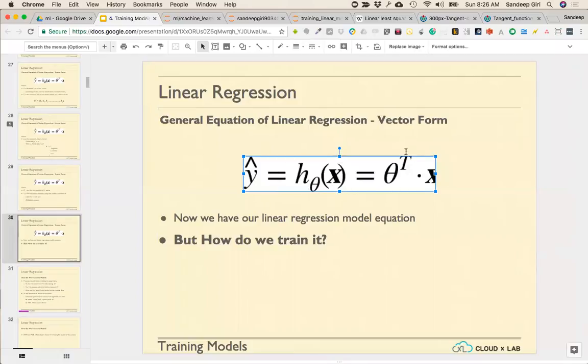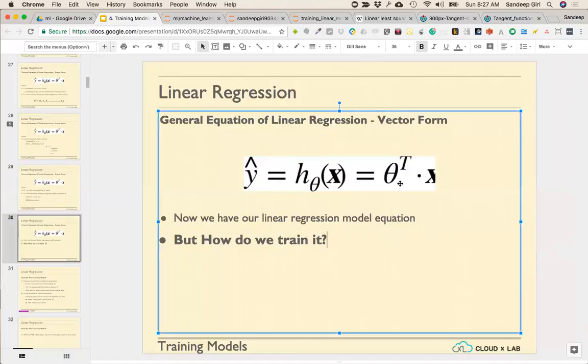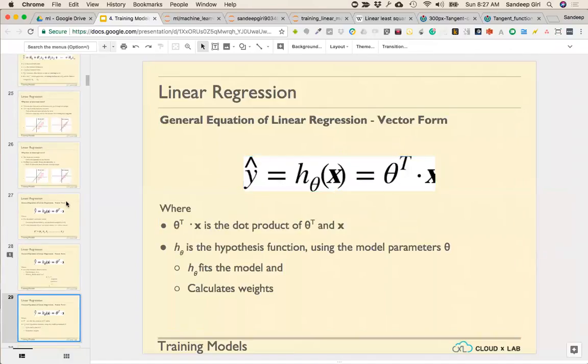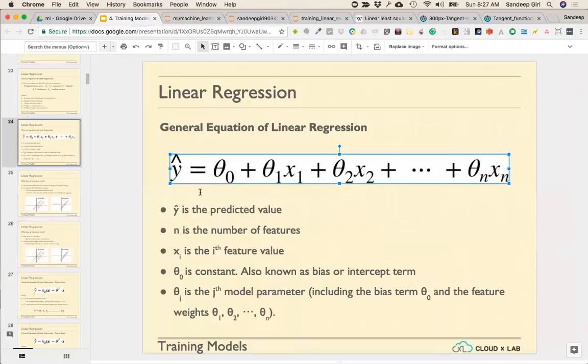That means we can express it as a set of linear equations, x1 into slope plus y-intercept and so on. Thetas are those coefficients. So y hat is equal to theta naught plus theta 1 x1 plus theta 2 x2 up to theta n xn. The same thing can be expressed in linear algebra by multiplying theta transpose with x.